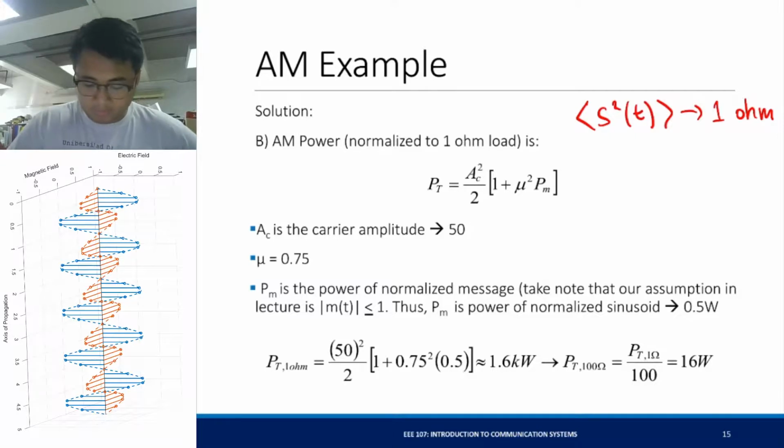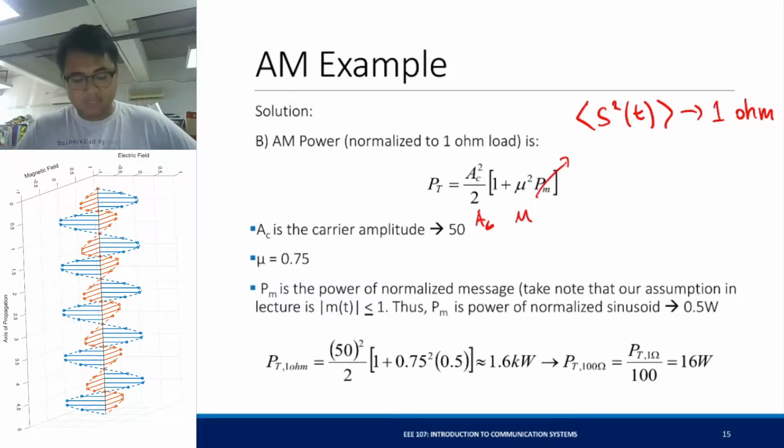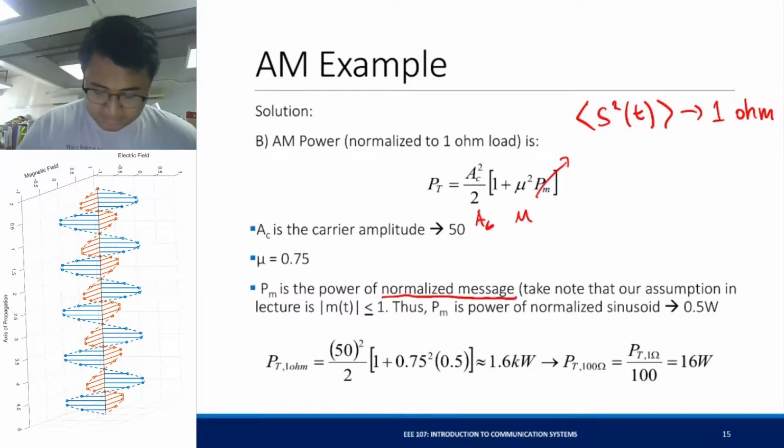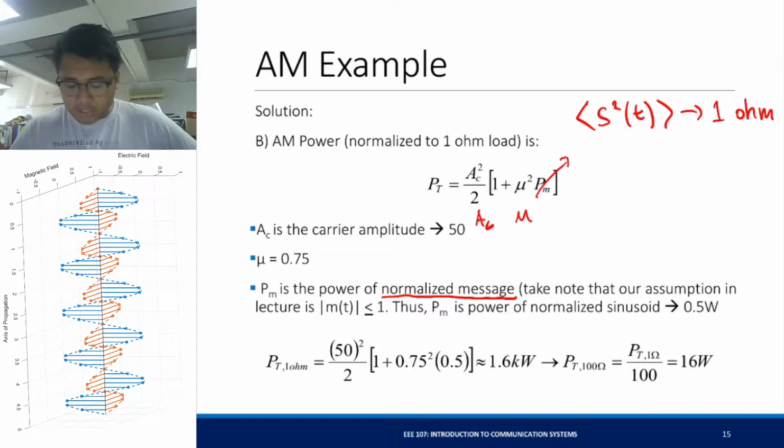So we already solved for mu, we already have a mu, we already have an Ac. The power of the message needs to be computed first. Okay? So P sub m is the power of, just note, the normalized message. So earlier, our assumption in the lecture is the magnitude of m(t) should be less than or equal to 1.